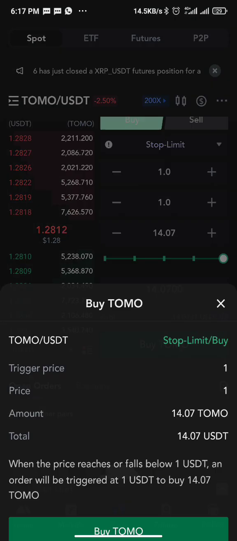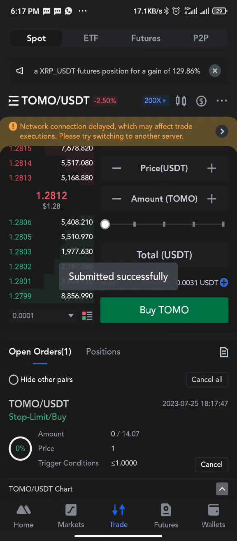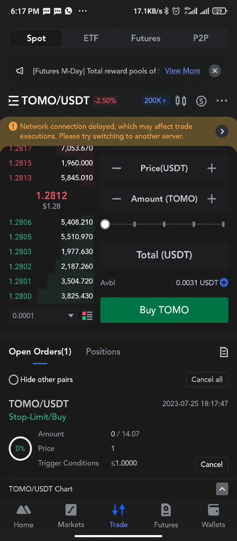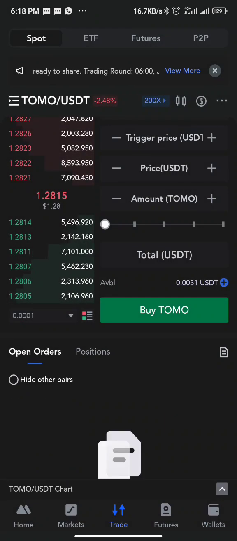Then since I'm using 100%, buy. So you're going to see a pending order at 1. Can you see the price is 1? So that's just that. Whenever price reaches 1, it's going to activate my order and buy the coin for me. So it's very simple. That's just how to buy a particular coin on the MEXC exchange.